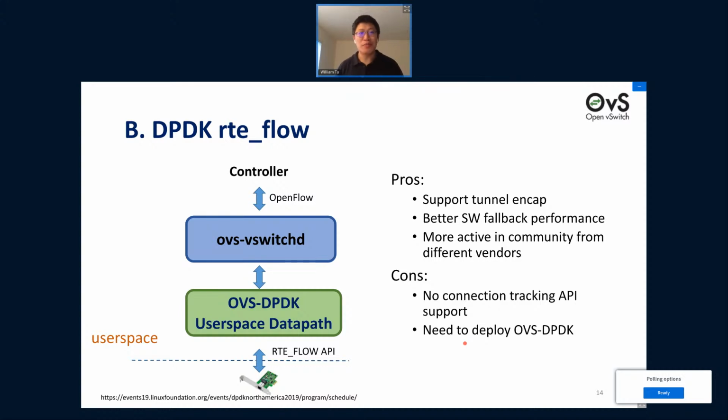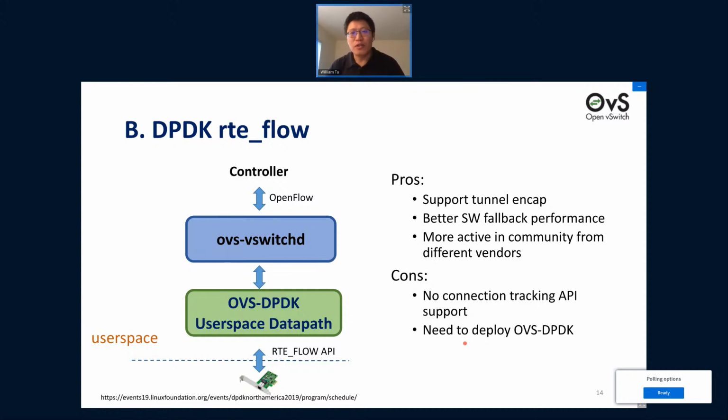Solution B is to use OVS DPDK with the rte_flow offload API. Today rte_flow supports tunnel encap, and tunnel decap is also in progress. However, the problem is that rte_flow doesn't support connection tracking yet.